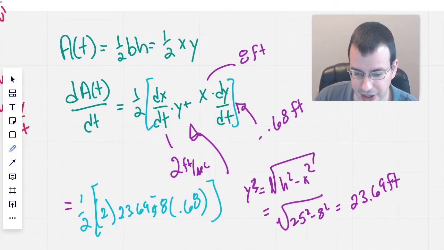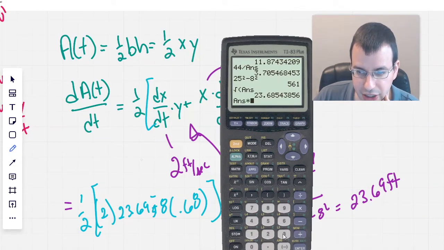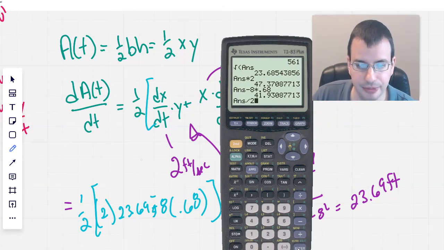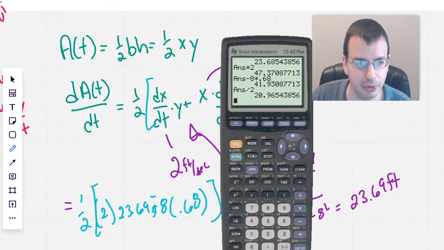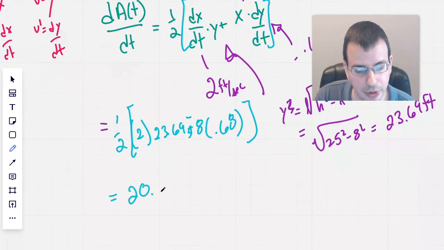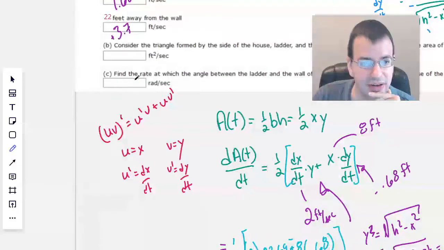Okay, see if I can put that in the calculator without disaster and tragedy. So times 2 minus 8 times 0.68. Answer divided by 2, because that's the same as multiplying by 1/2. We get 20.97, and this will be feet squared per second. There we go. 20.97.